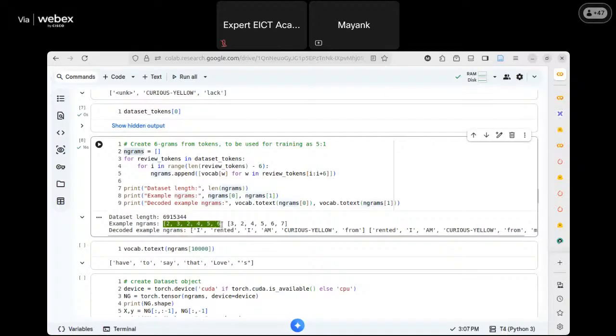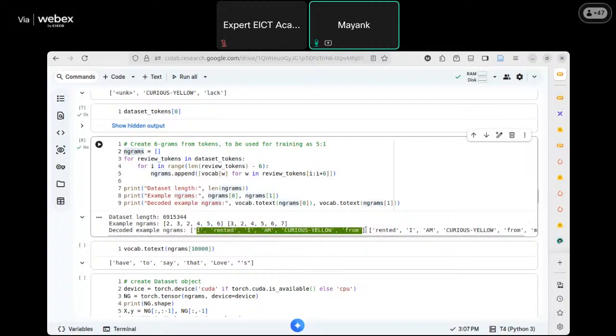This is our first n-gram, and this is our second n-gram. See, there is an overlap: 3, 2, 4, 5, 6, and then the next one 7. This is because we are running a sliding window on the review, and extracting all the n-grams.